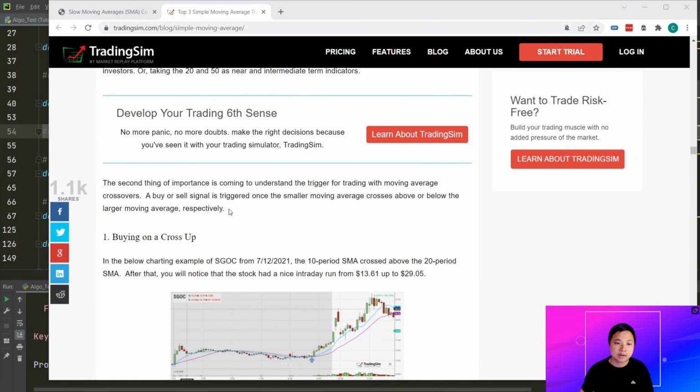The second thing we need to do is to understand the triggering point for trading the moving average crossover. A buy or sell signal is triggered once the smaller, or faster, moving average crosses above or below the larger, or slower, moving average respectively.